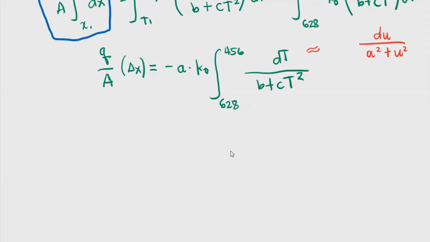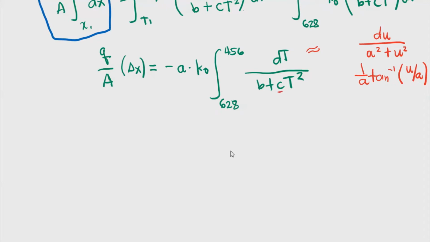And if you can remember, itong derivative na ito is from what function? So this is from the tangent inverse of u over a, and then we also have 1 over a here. So this is the rule that it follows, but technically this is simply u squared, but we have c here.